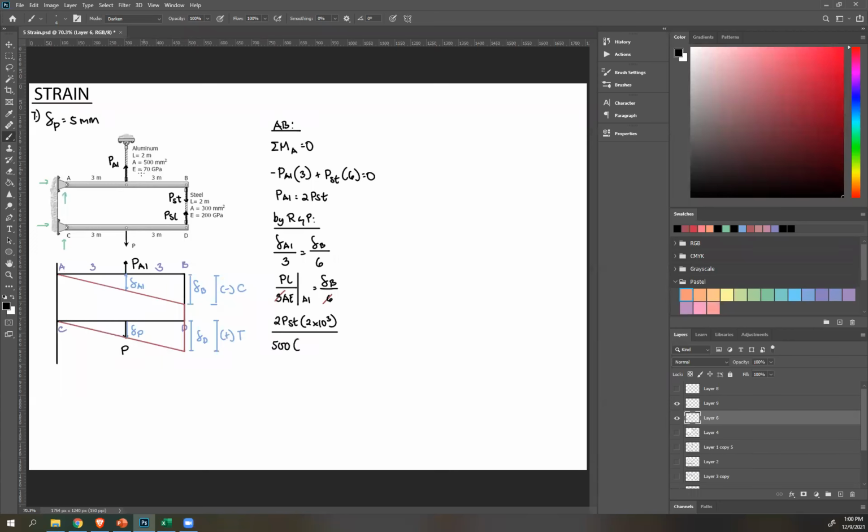So no conversion, E 70 GPa, GPa to MPa times 10 raised to 3, equals delta B over 2. Because 3, 6, so over 2. From this, you can create an equation relating deformation of B and internal force in your steel. Okay, can anybody give me the simplified version of this? What's the number here?